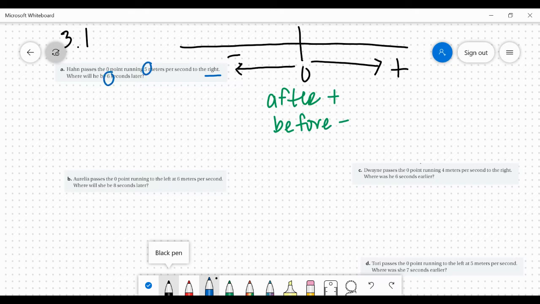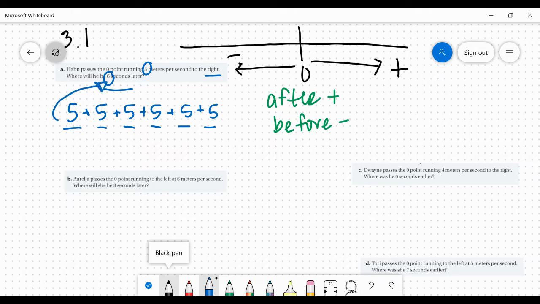I can think of that as 5 plus 5 plus 5 plus 5 plus 5 plus one more 5. Now I have 1, 2, 3, 4, 5, 6 groups of 5, which represents the rate over 6 seconds later. When I add all these up, I'm going to get positive 30.